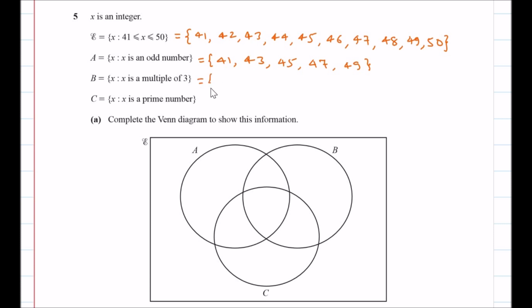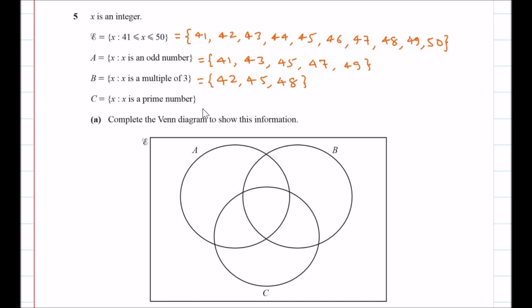Now it says multiple of 3, set of multiples of 3 in this range. From the universal set only, our elements can be of the other sets. Keep in mind. So out of these numbers from 41 to 50, which are multiples of 3, we will be taking as the elements of set B. So 42, 45 and 48.